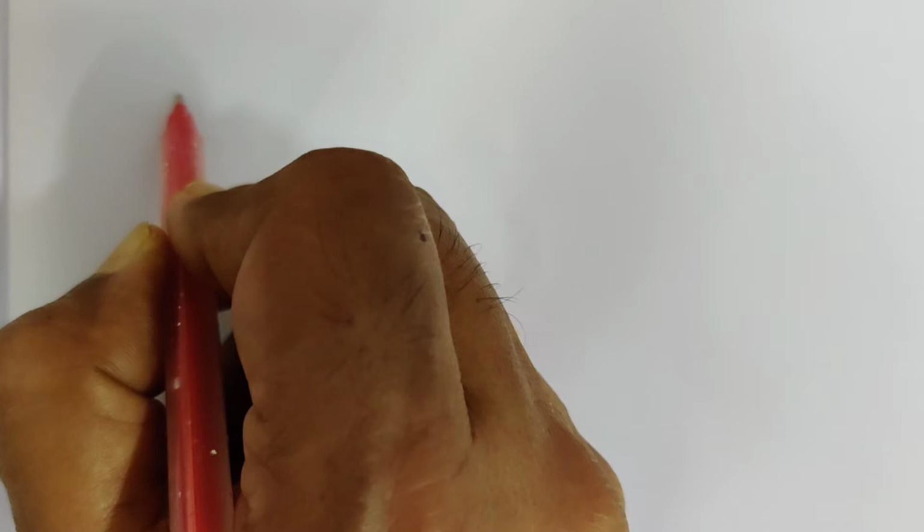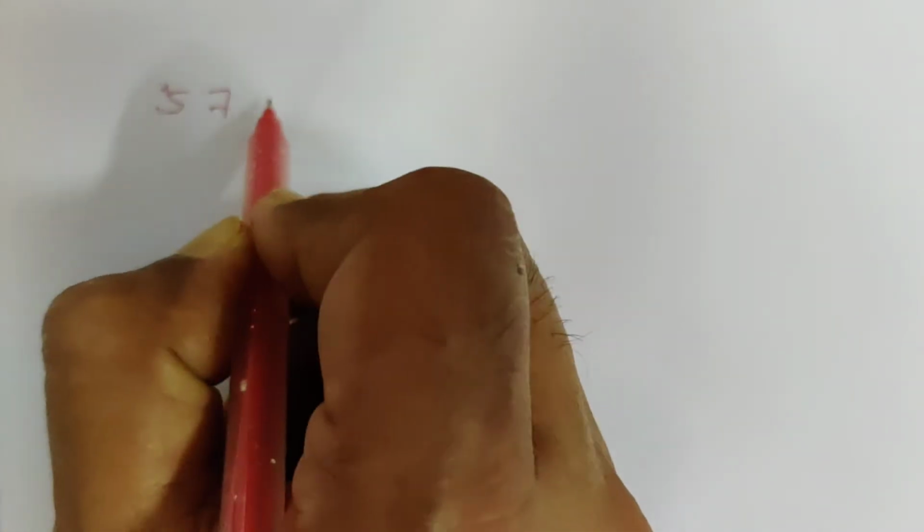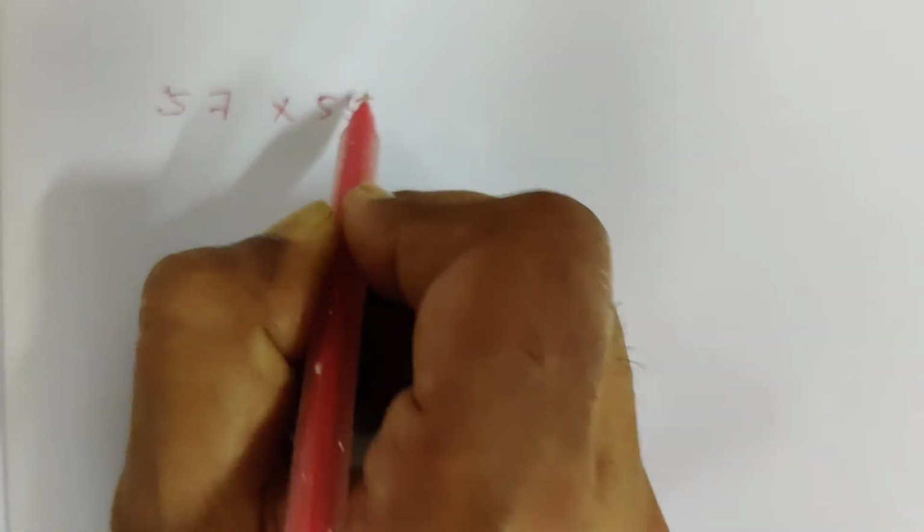We will come with 50s. Now suppose we are multiplying 57 into 55. Now here we have to take the benchmark as 50. So what to do over here?